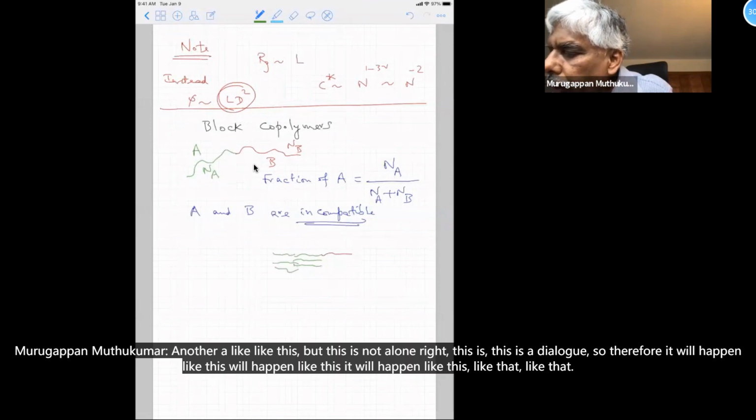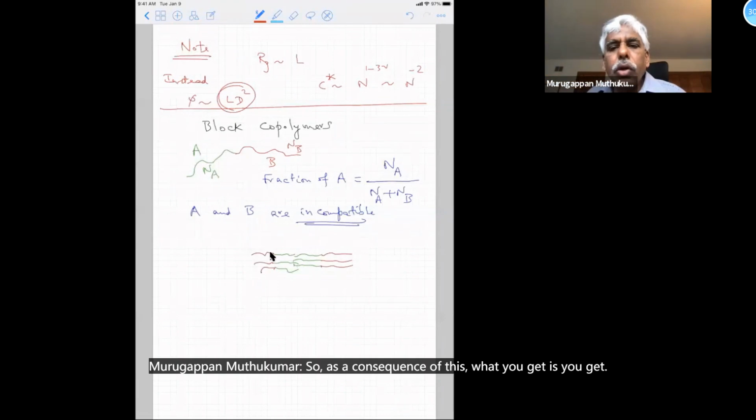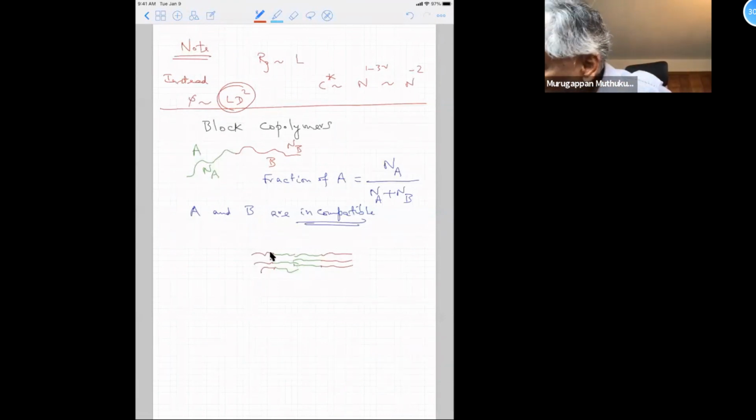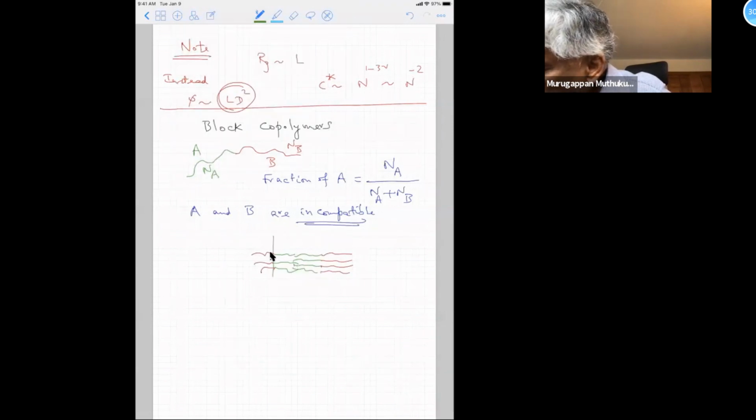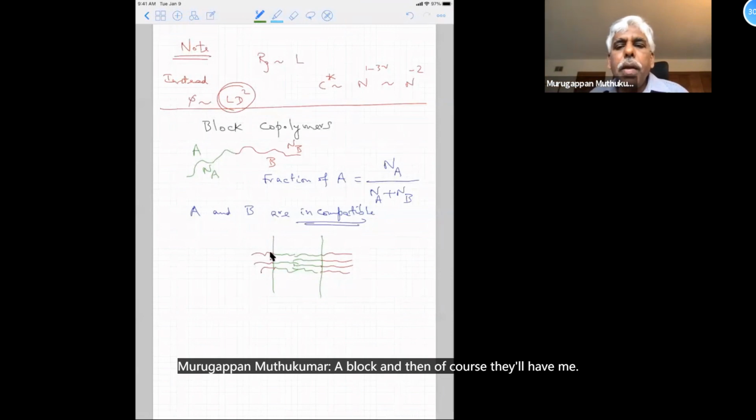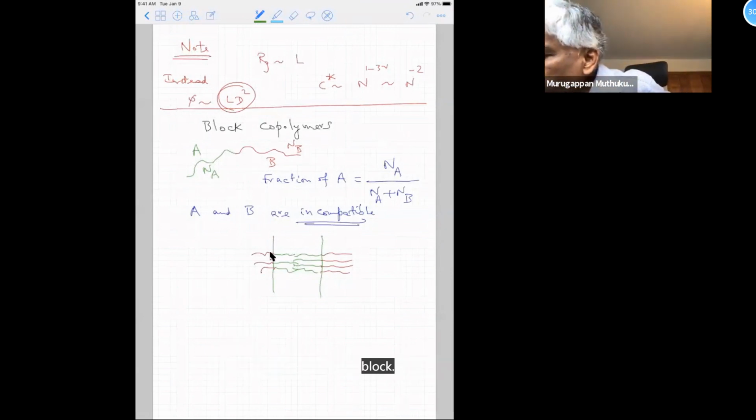But this A is not alone, this is the diblock. So it will happen like this, like that. As a consequence of this, you get a lamellar structure. This is lamellar. So I have the A block, and then of course I'll have the B block.